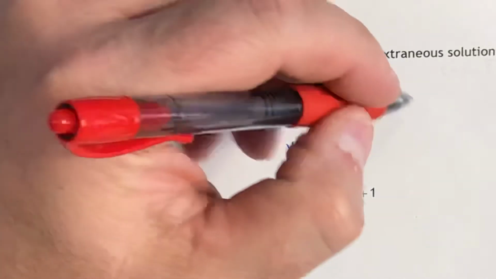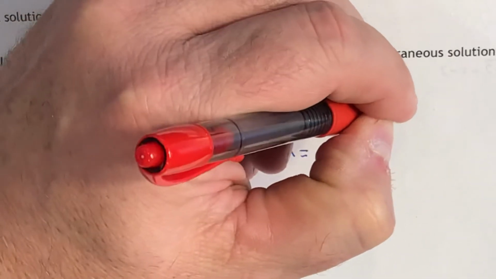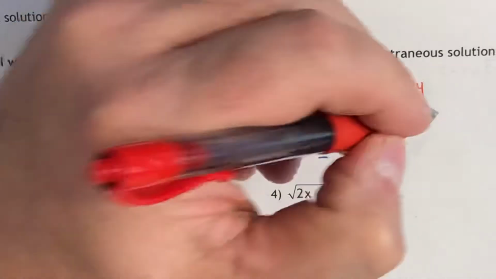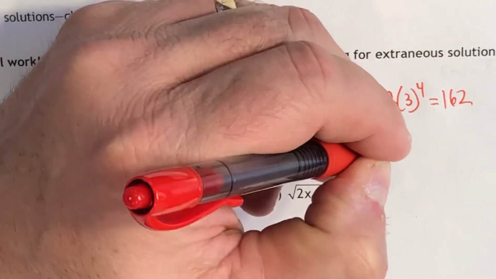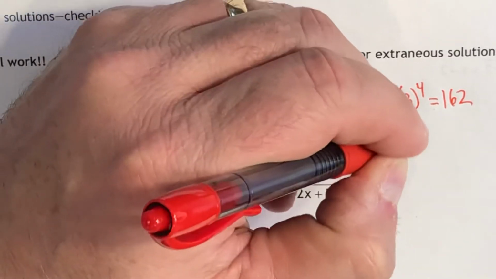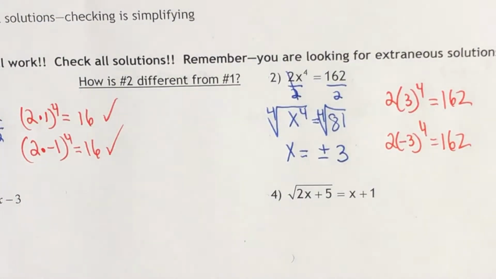All right, so let's make sure that it works when we put it back into the original. So 2 times a 3 raised to the 4th, does that equal 162? And does 2 times a negative 3 raised to the 4th also equal 162? All right, so do your exponent first. So 3 raised to the 4th, 3 times 3 times 3 times 3 is 81, times 2 then.